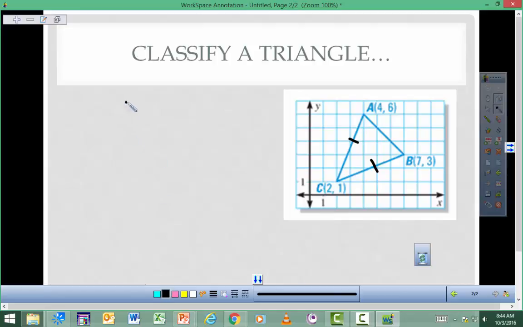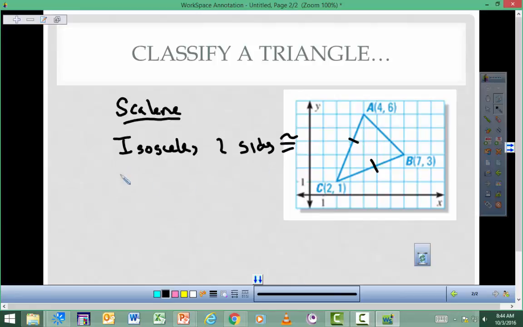You're either going to call it scalene, and in that case, none of the sides are congruent. Isosceles, where two sides are congruent. Or you have equilateral.